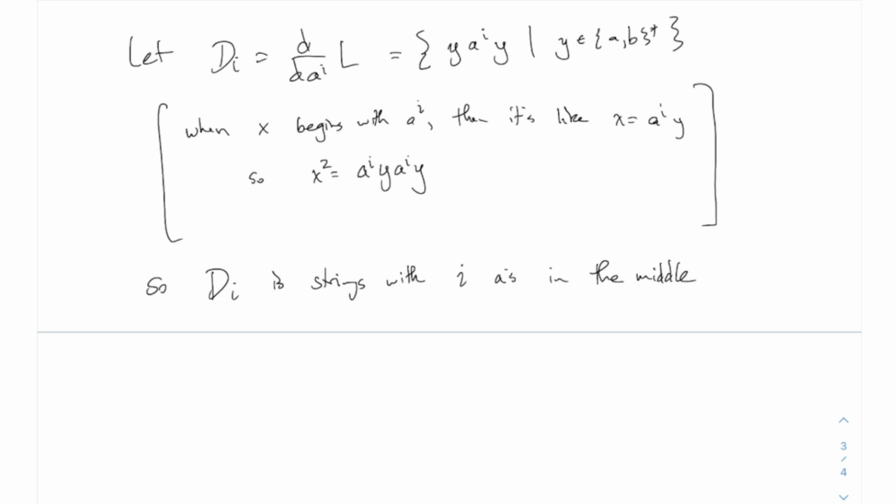So D1 has one a in the middle. D2 has two a's in the middle. D3 has three a's in the middle. Those are all going to be different sets. D_i is strings with i a's in the middle, and for various different values of i, those are different sets. So these are all different.